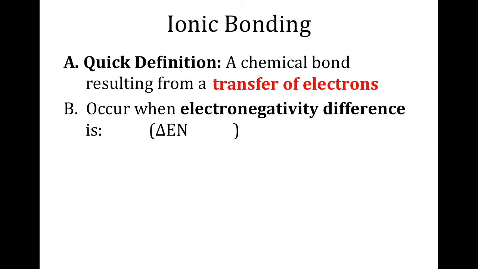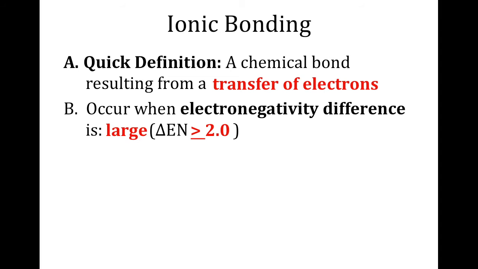If you remember, the electronegativity difference was going to be very big. We're going to give you a value for that. If the electronegativity difference is greater than or equal to 2, and we will give you numbers, we're not expecting you guys to memorize the electronegativities of certain elements, but we might give you the numbers. And if the difference between the 2 numbers is greater than 2, that is big enough that it's going to be an ionic bond. Okay?